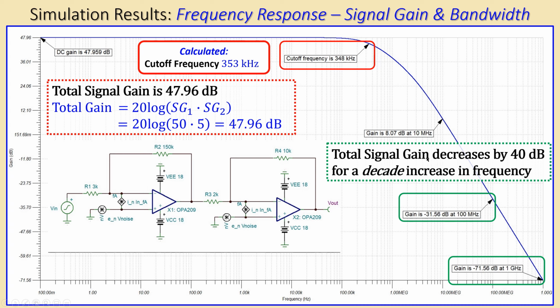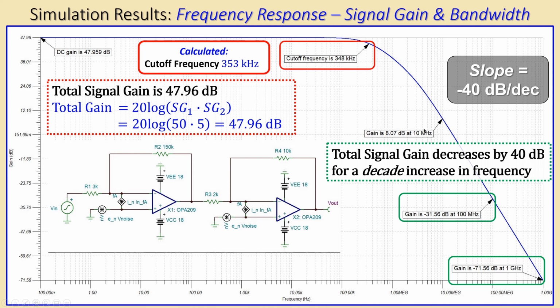So the total signal gain decreases by 40 dB for a decade increase in frequency. That means this part is already a second order system. So the slope here is minus 40 dB per decade, which is the case for a second order system. But for a first order system, it must be minus 20 dB.